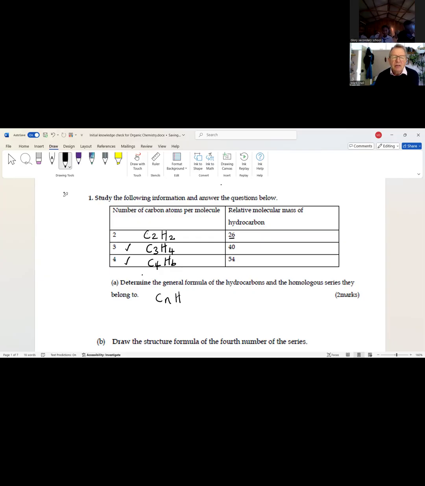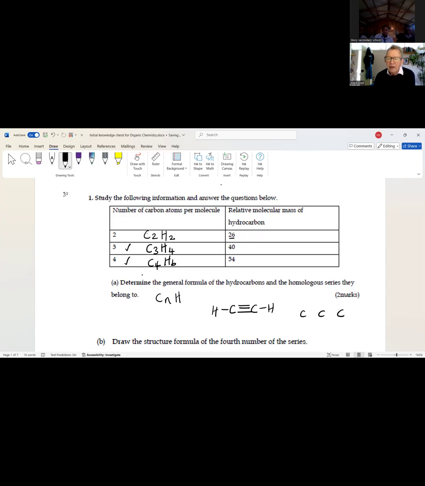So what is the general formula of these? Well, C2H2, well, CnHn, but are these all the same? If I draw out C2H2, if I've only got one H on each one, that means it's an alkyne, triple bond. What about C3H4? 1, 2, 3.